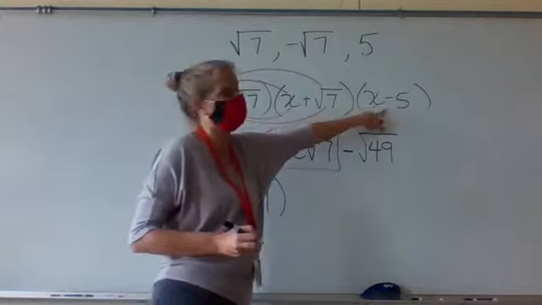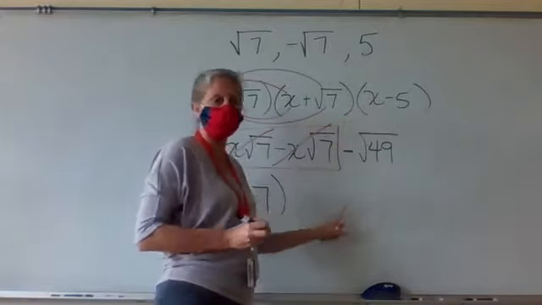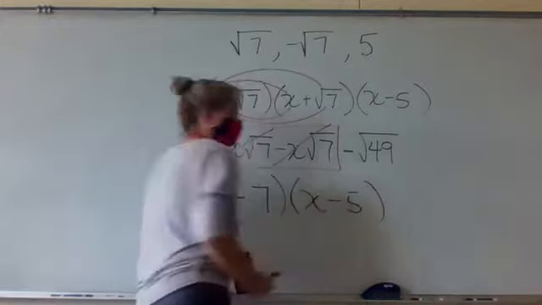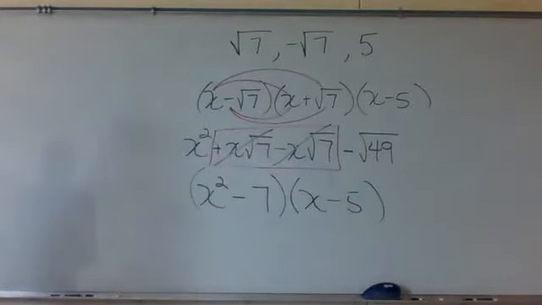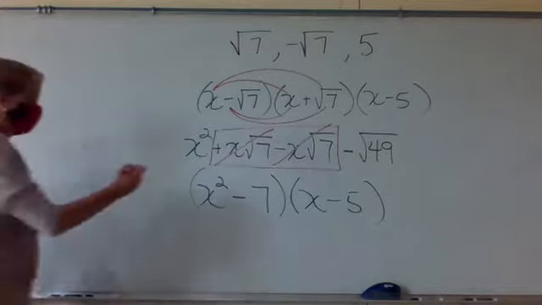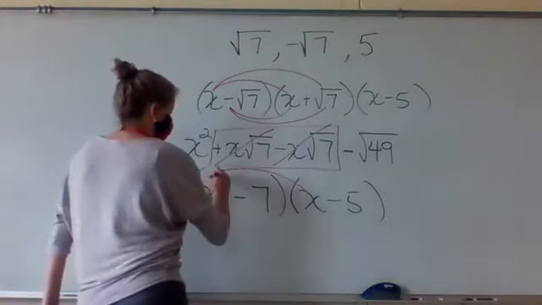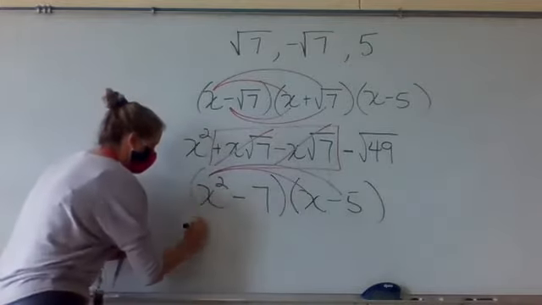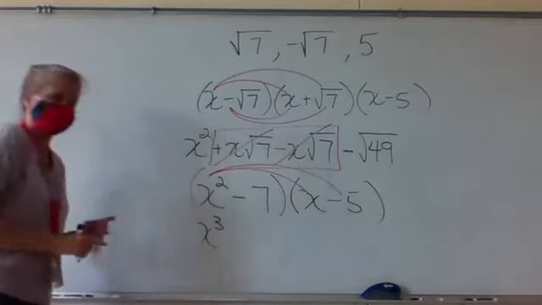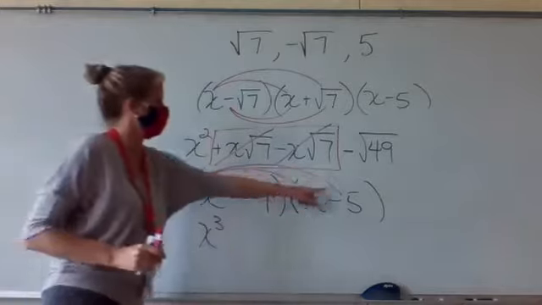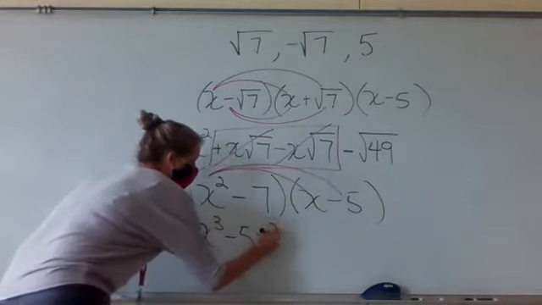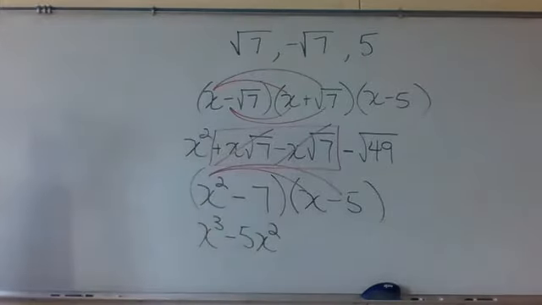Now I need to bring down this x minus 5 and multiply it. So x squared times x gives me x to the third. X squared times negative 5 gives me negative 5x squared.